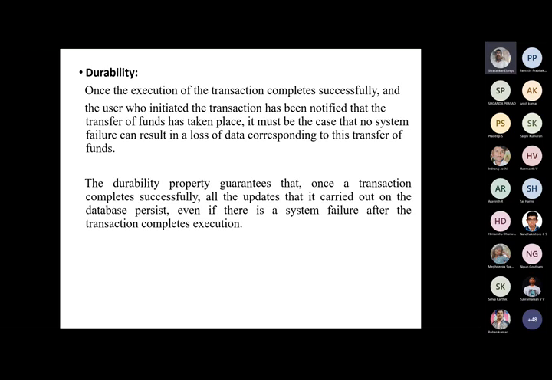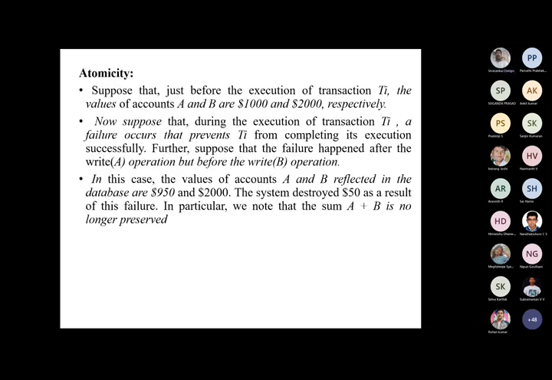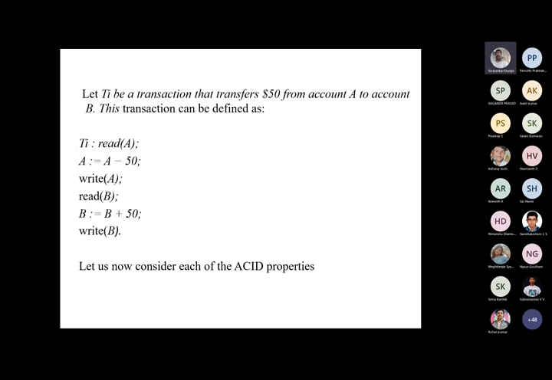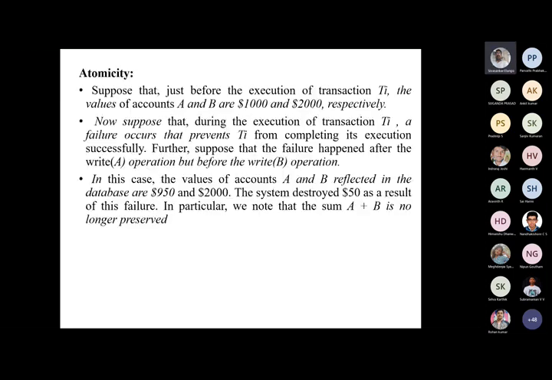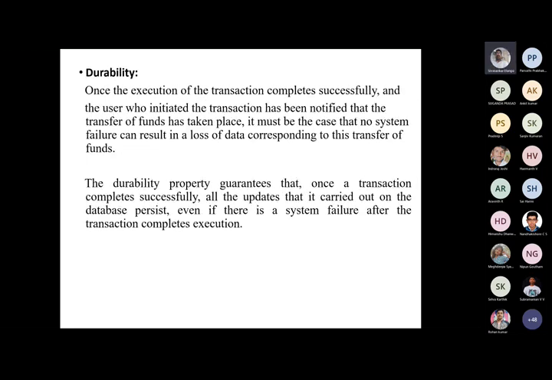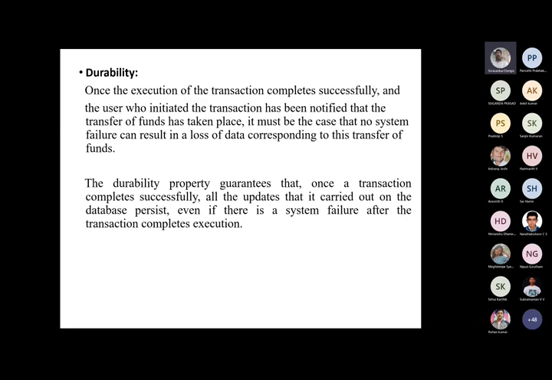So we have done a transfer of funds in transaction T1. $50 debited from account A and $50 credited into account B. So there is a system failure after the completion of the transaction, right? You receive an acknowledgement that the fund transfer has been done successfully, and then there is a system failure. So no system failure can result in loss of data corresponding to the transfer of funds, right?